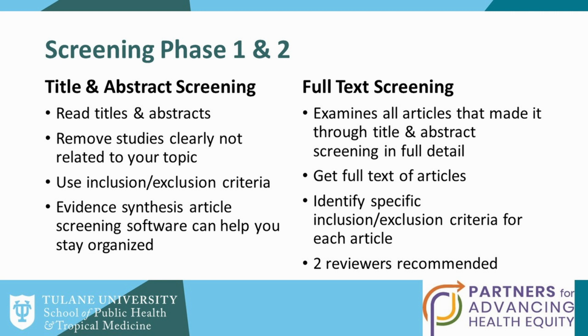If you decide to use evidence synthesis screening software, that can help the whole group lighten the load for each person, so it's not just one person reading every single title and abstract. Most of the time it recommends two reviewers for that screening, but for a rapid review, depending on the number of citations, sometimes one reviewer will do the title and abstract screening.